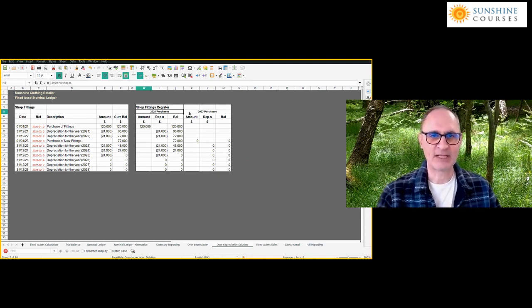Our designer might have thought we need to spruce up what we're doing and have a new set of a different type of fittings in part of the store in 2023. So the way we account for this is in our register, we keep track of our cost and our depreciation separately in our net book value. So our net book value is simply the difference between the cost and the depreciation each year.